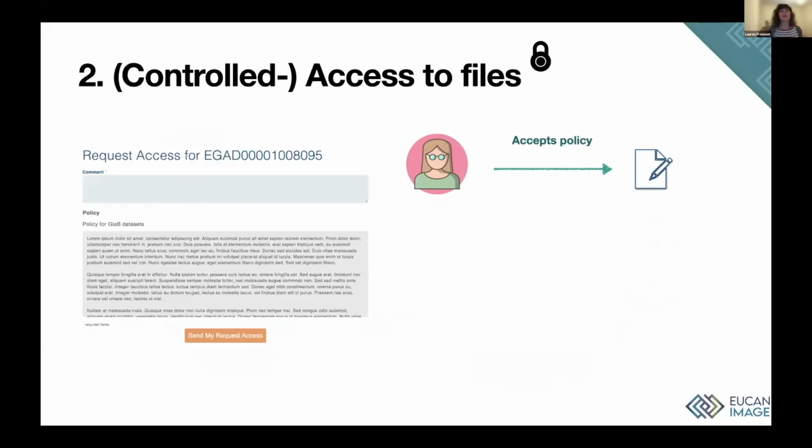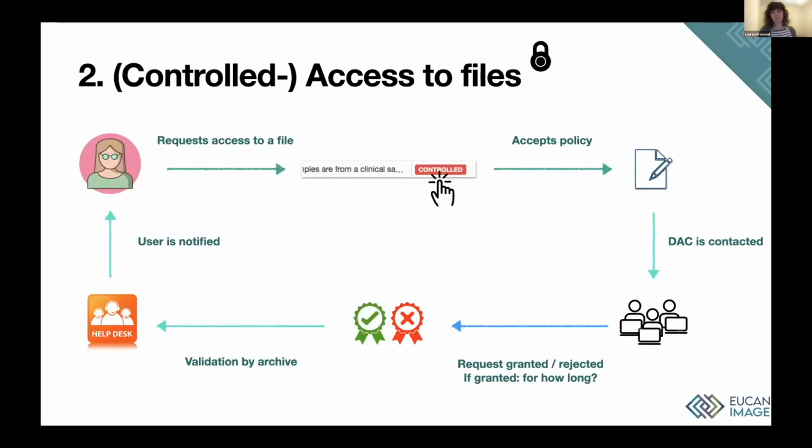What we have implemented at the EGA, and would like to adapt to EuCanImage needs, is that you start requesting access, you can provide a comment, and you can already read the policy; you have to access the policy in order to send the request. So this is made by the user.